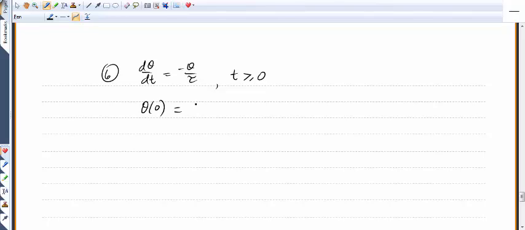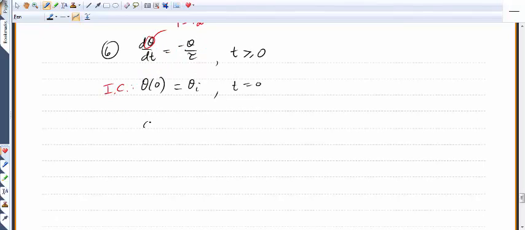So say theta at time equals 0 is equal to theta sub I. So this is our initial condition. And again, theta is a temperature difference. In our case here, it's going to be T minus T infinity. So again, if we solve for theta, then it's very simple to extract out the temperature distribution from that result.